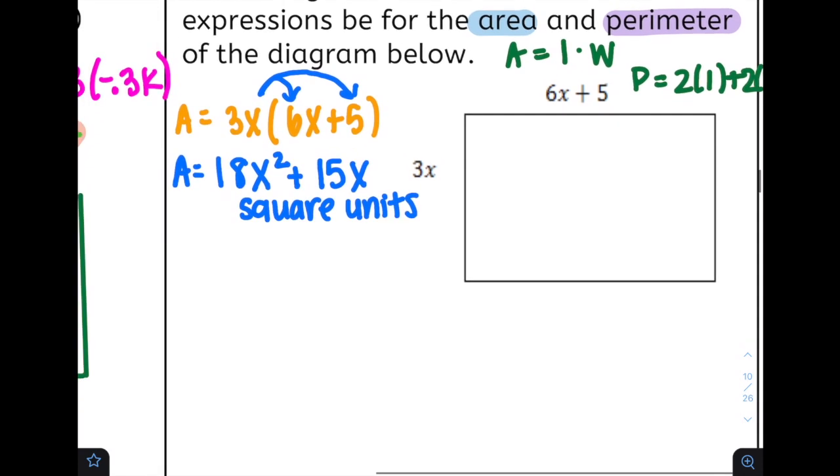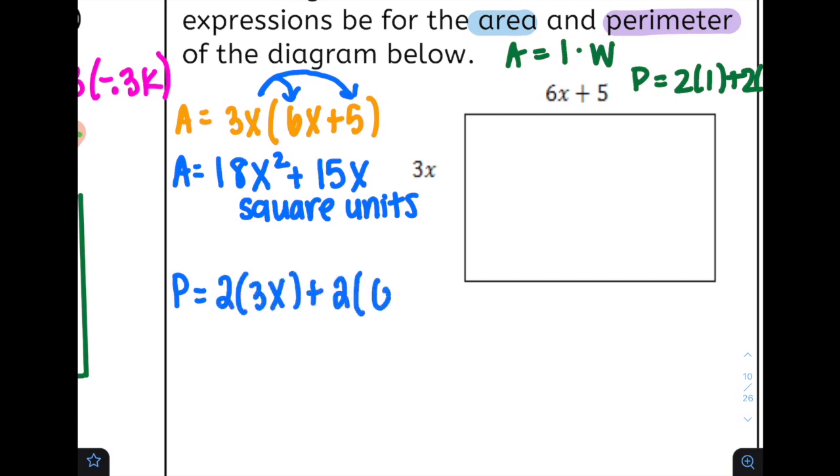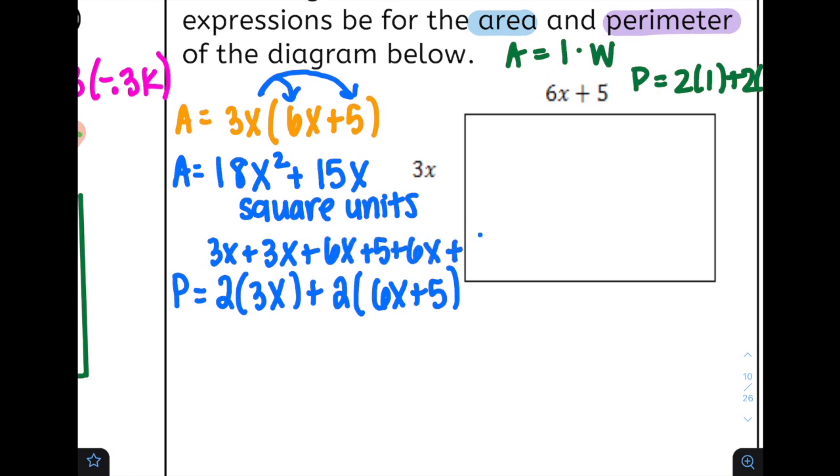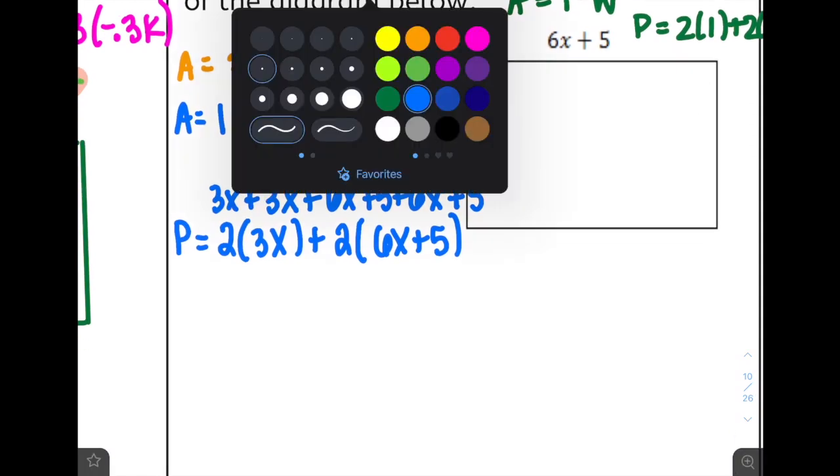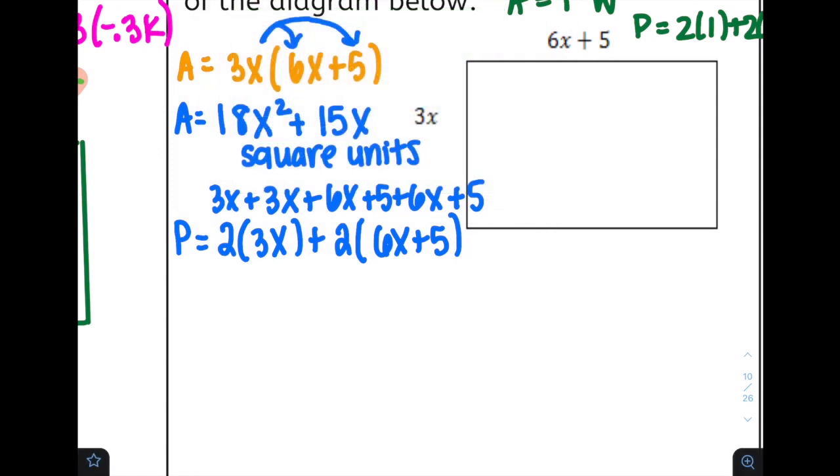Your perimeter would be 2 times 3x plus 2 times 6x plus 5. You could also write it as 3x plus 3x plus 6x plus 5 plus 6x plus 5. Either one would be okay. I like to use the distributive property because it seems a little bit easier sometimes.